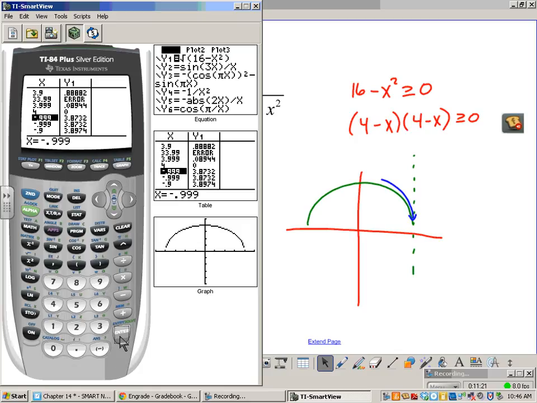You notice when you enter 4, you get 0, and I had an error here; I hit two 3s. It should be 3.99. So it appears that we're approaching 0 in this case.